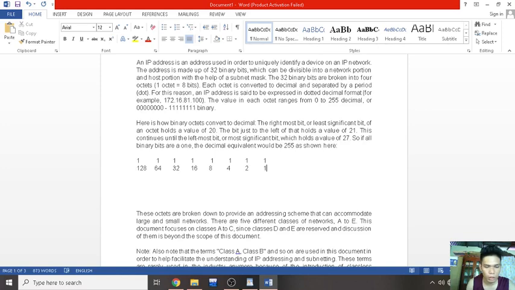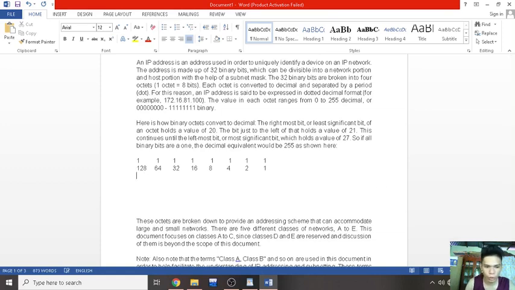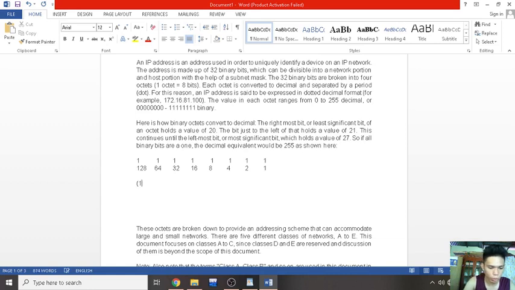So this is the value of each binary position. It will be equivalent to 255 if we compute 128 plus 64 plus 32 plus 16 plus 8 plus 4 plus 2 plus 1. So it will be equivalent to 255.